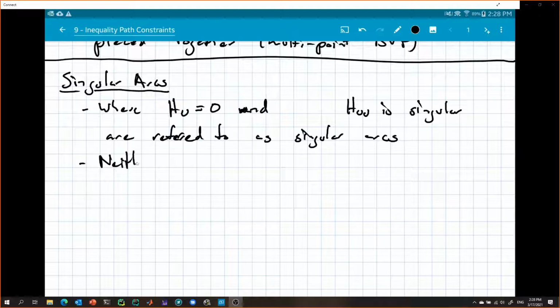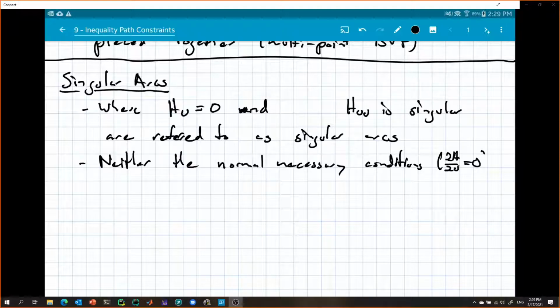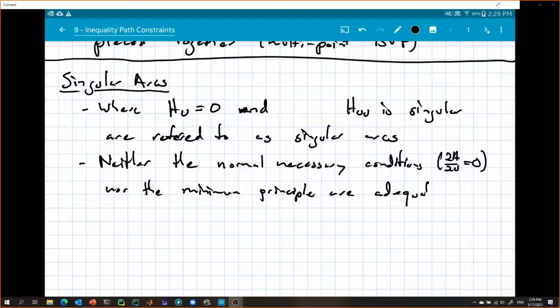In other words, neither the normal necessary conditions, so that the H_u is equal to 0, nor the minimum principle are adequate to determine the optimal control.